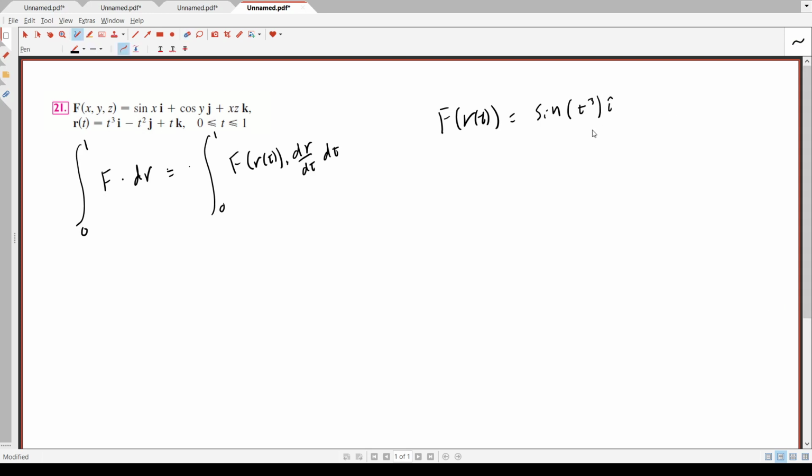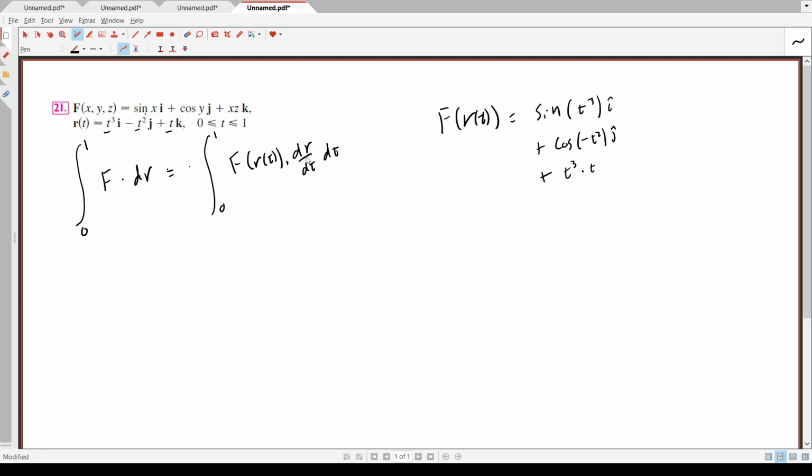That's the i component. Plus the j component is cosine of y, which is minus t squared, plus xz. So x was t cubed times z, which is t. So this is my x, y, and z, and these are the things I'm plugging it into.